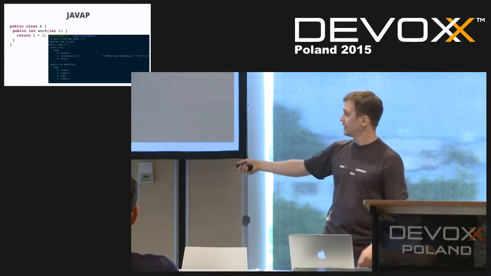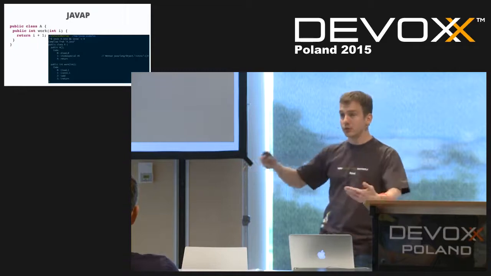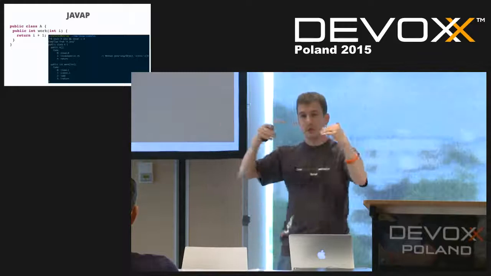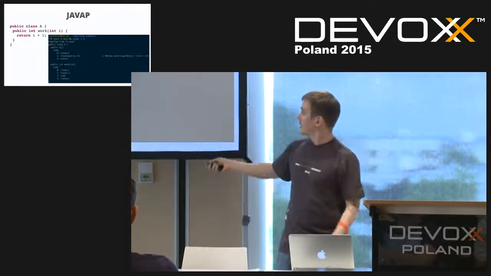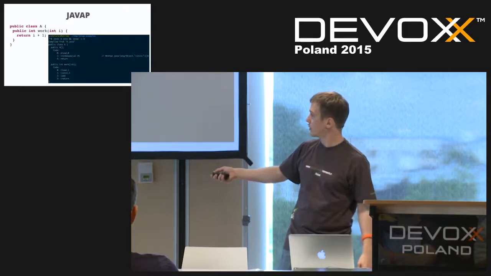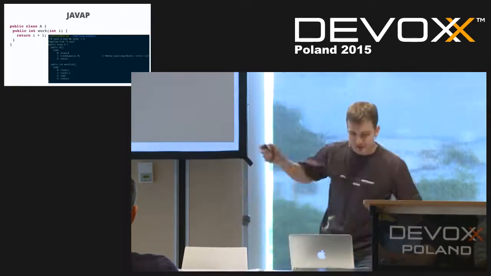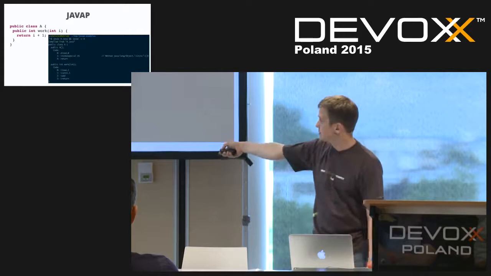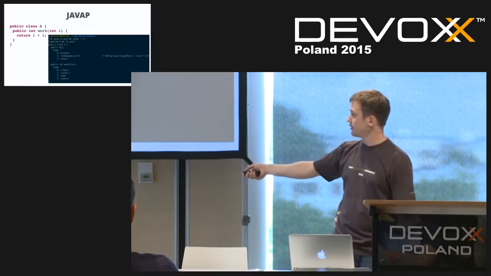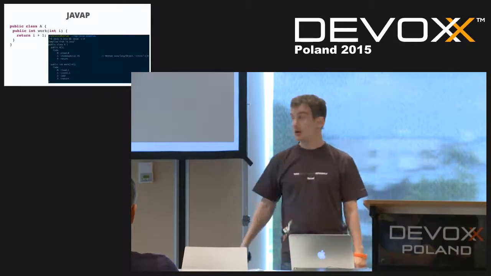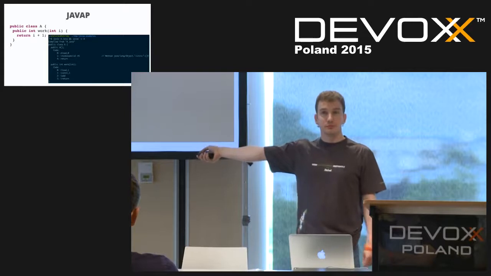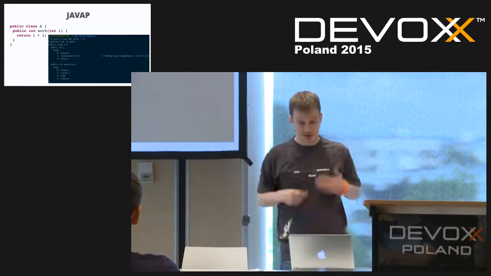The other way to do that would be to create a constant in the constant pool which is equal to 1, then use ldc to load constants from there. Then we add those two using the iadd instruction, and then we return the int result. Very simple. Who is confused by this example? That's good. Nobody's confused. Very straightforward.